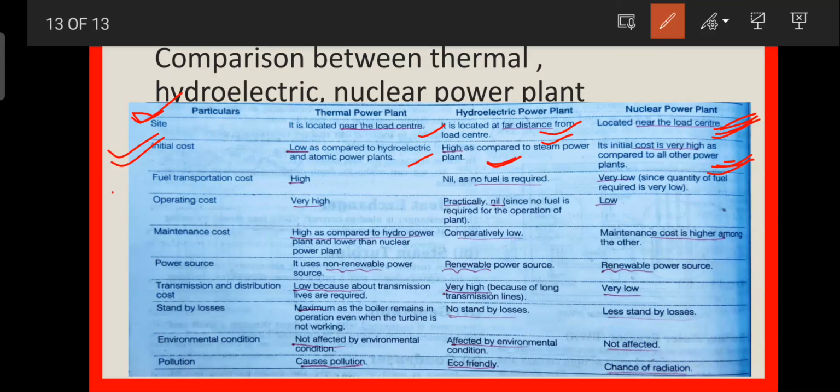So fuel transportation cost is very high in the thermal, and there is no transportation because of the flow of the water, and very low transportation cost in the nuclear power plant.